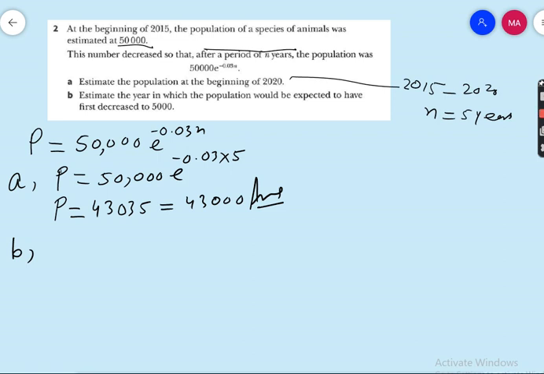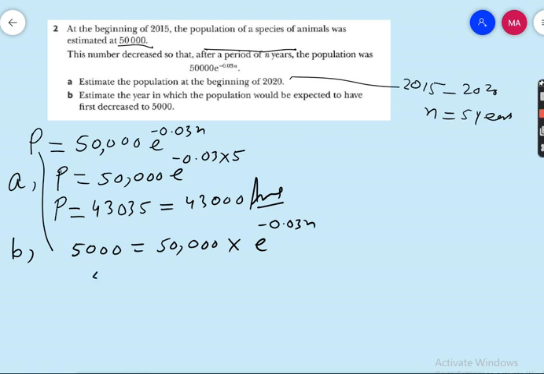Estimate the year in which the population would be expected to have first decreased to 5,000. Now our population P is given, 5,000 is equal to 50,000 e power minus 0.03n. And we need the value of n.